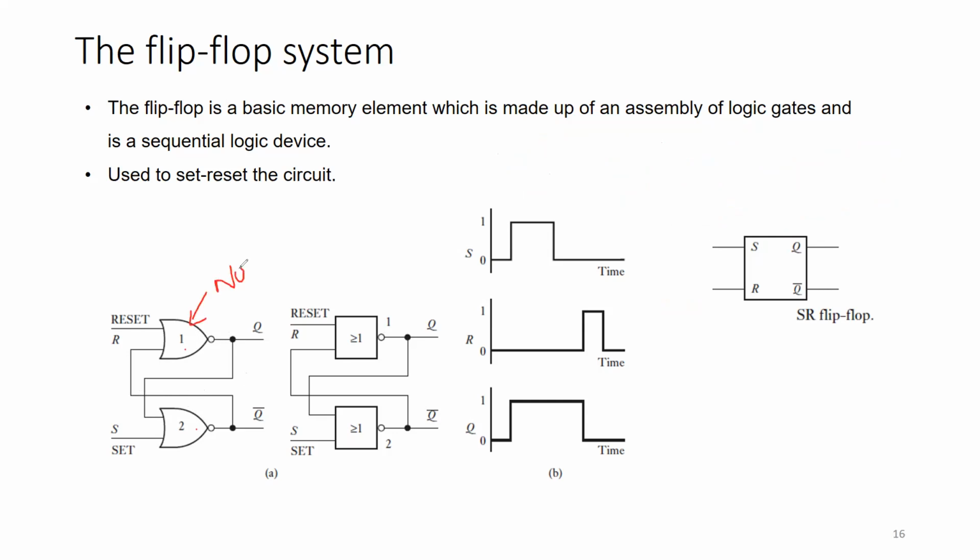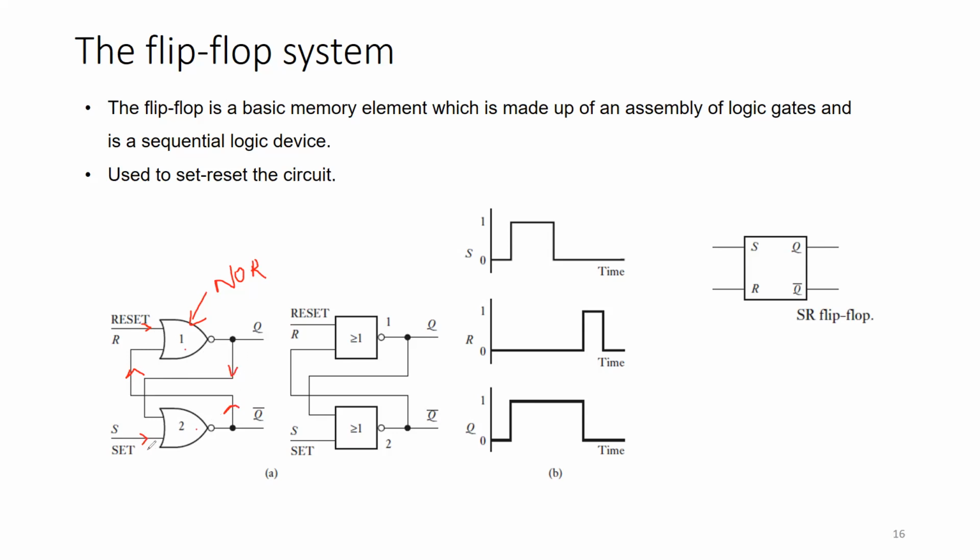So two NOR gates are there, having one value directly passing through it and the other value connected to the output over here. So this is the reset button. For the set button, one input is over here and another input is from the output of the other.